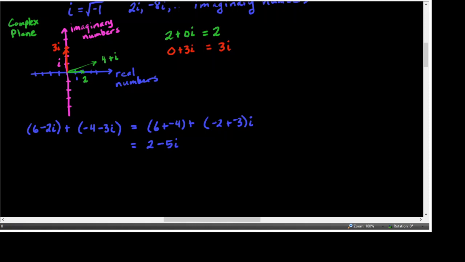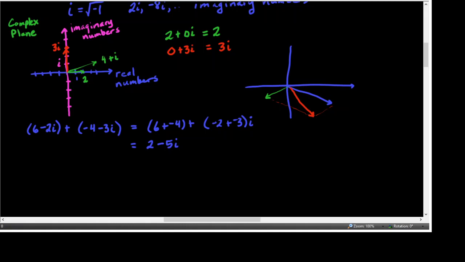And if you looked at the graph of that in vector form, it should make a whole lot of sense. So if I had 6 minus 2i and negative 4 minus 3i, and I added those together, I could draw the parallelogram and draw the diagonal from the common initial point to the opposite vertex of the parallelogram, and that would give me 2 minus 5i.